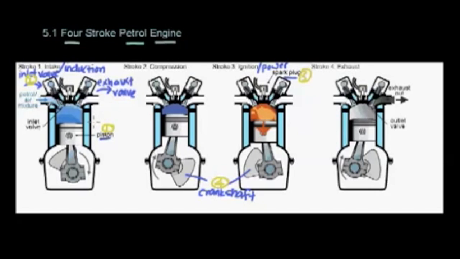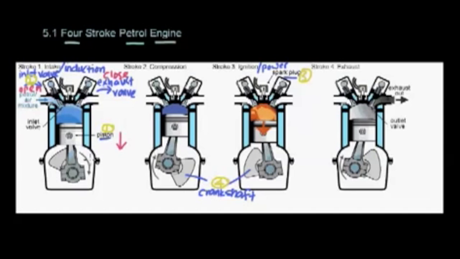The inlet valve is open during the induction stroke, while the exhaust valve is closed. The piston will move downwards, and this will create a low pressure region in the cylinder, right?